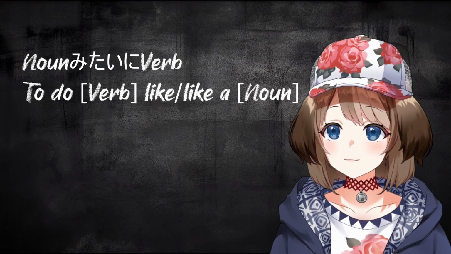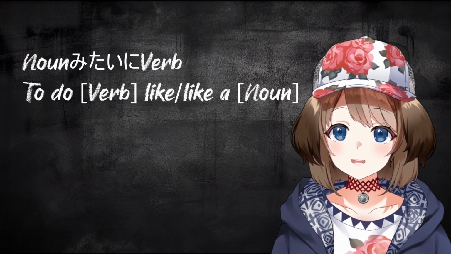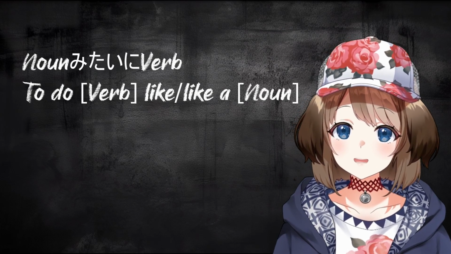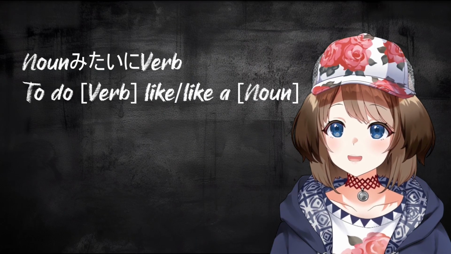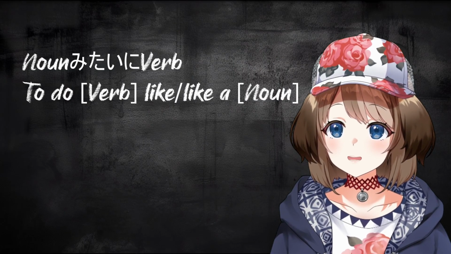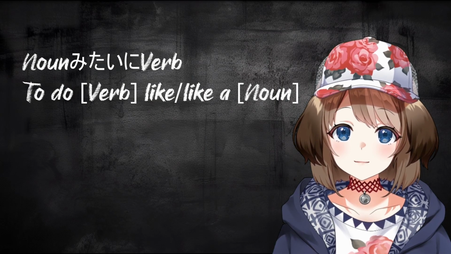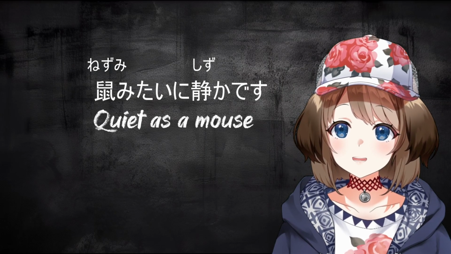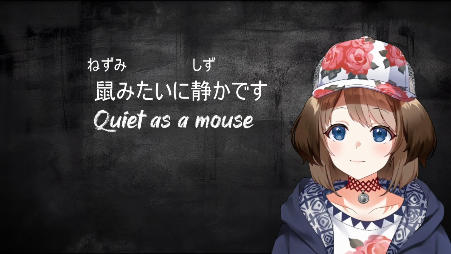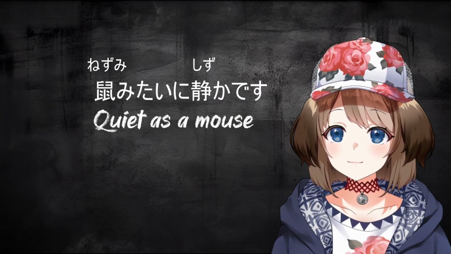We can basically put any noun into this structure and say, oh wow, you're doing that like a whatever. Yeah? And we can also slide any adjective into the end there, and then we create a sentence like this. Nezumi mitai ni shizuka desu. As quiet as a mouse.